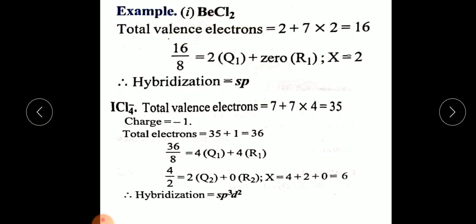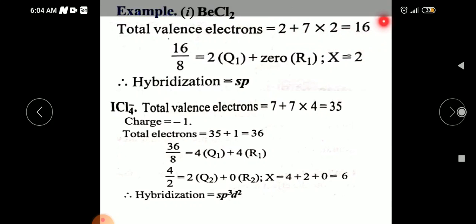Chlorine has 7 electrons in the outermost shell, as we know, because it is a halogen. So beryllium is 2 into 1, because only one atom, plus chlorine has 7 electrons in the outermost shell, and since we have 2 atoms, we multiply by 2. So 7 into 2 is 14, plus 2 comes to 16.